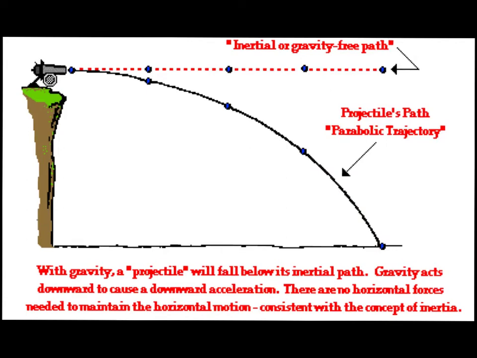Now let's see what we can label on here. We talked about finding the height that the projectile was falling, so we can label the height. Remember, that would be in meters.